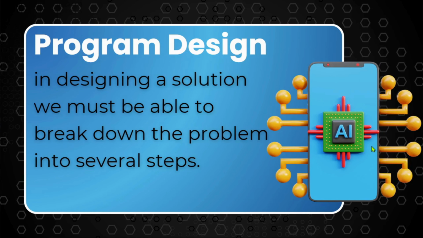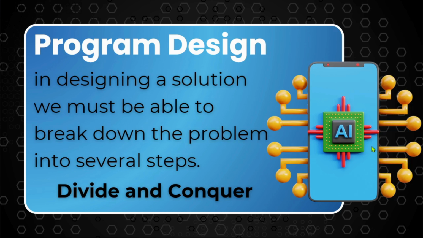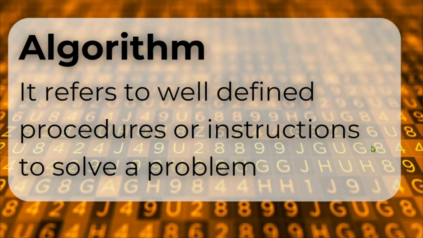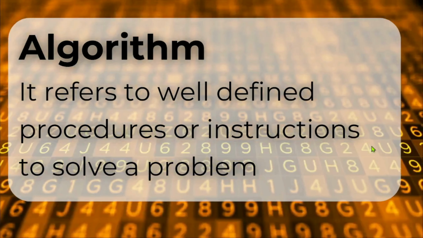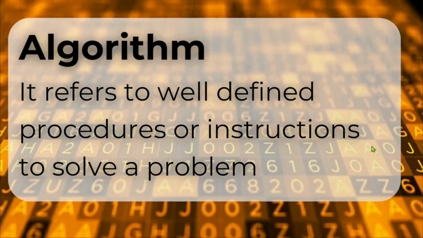When the problem is defined properly, we can start designing a solution to the problem. This method is called divide and conquer. This sequence of steps for the solution to the problem is called an algorithm. It refers to well-defined procedures or instructions to solve a problem.